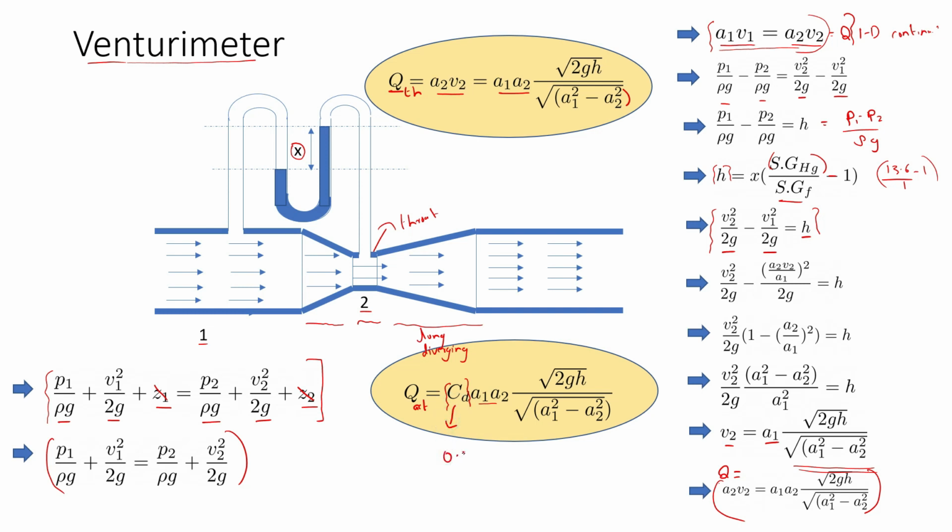Usually its value is around 0.9 for a Venturimeter. CD is actually Q actual by Q theoretical. So this can be determined experimentally, the value of CD.